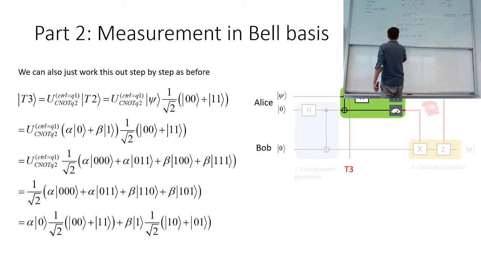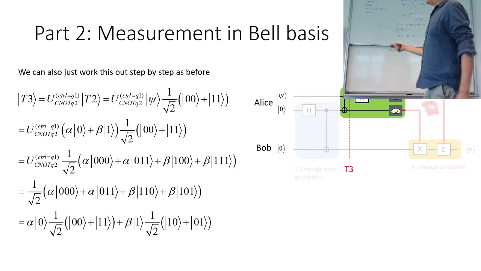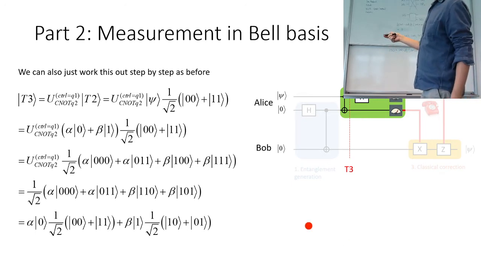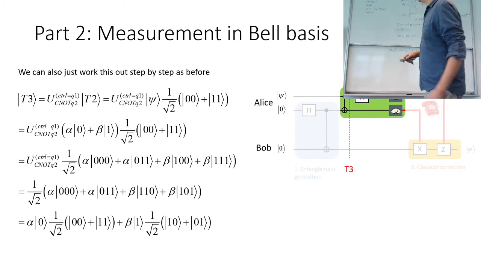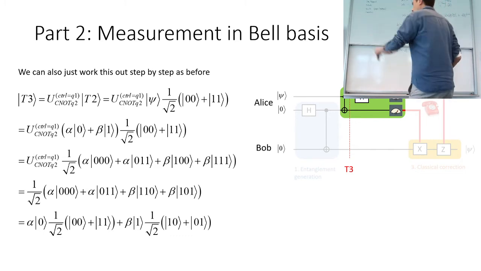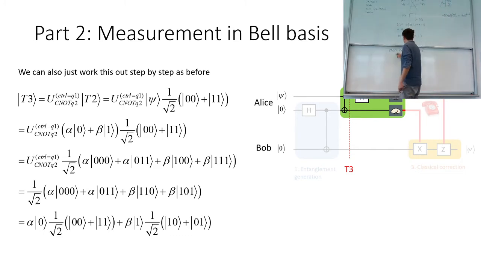T2 was our state psi, and that's our state. And then the first thing to do after getting to this point is to apply this control knot. Well, maybe it's easier if I just do it on the board.